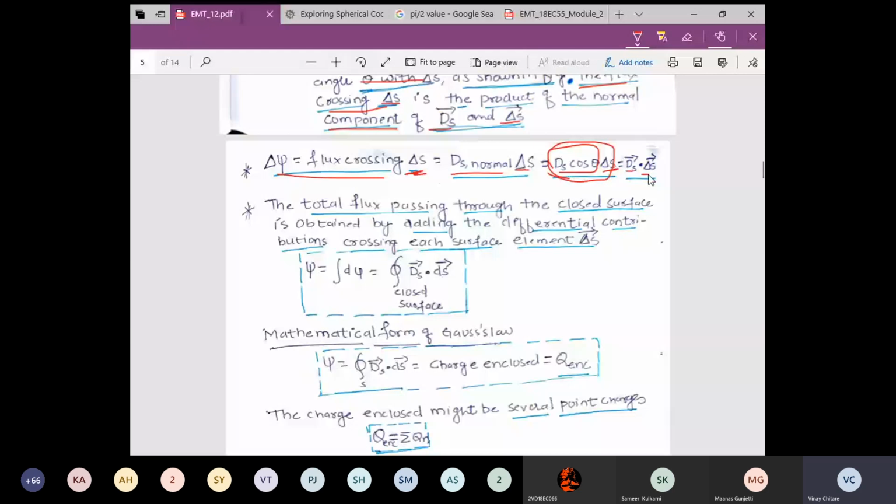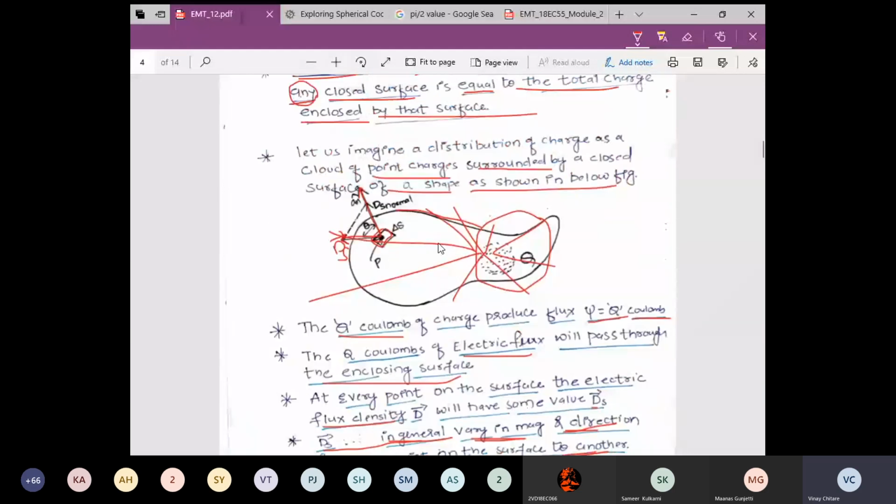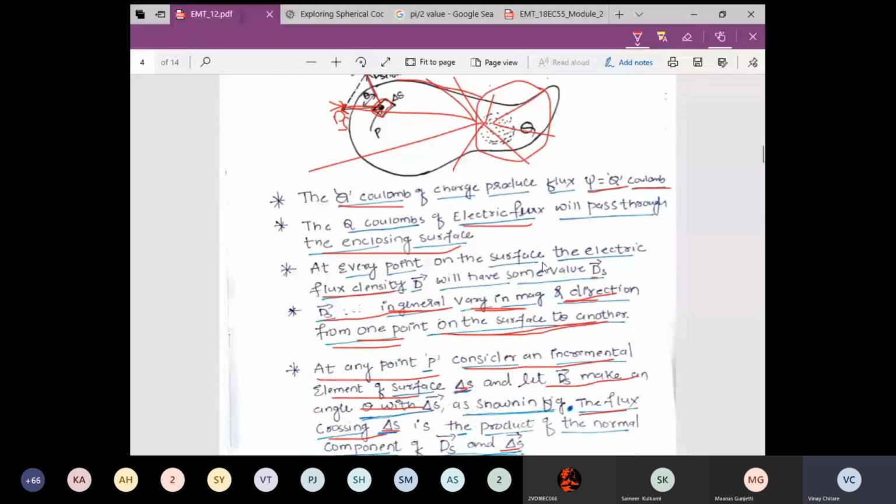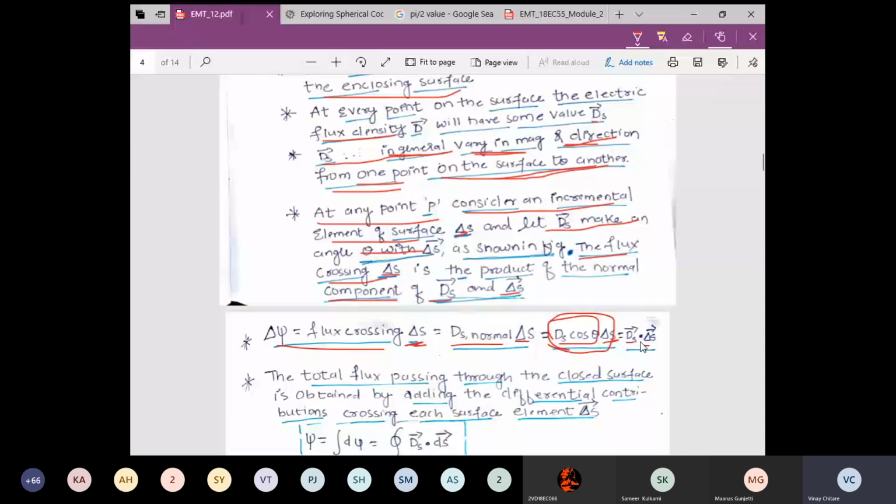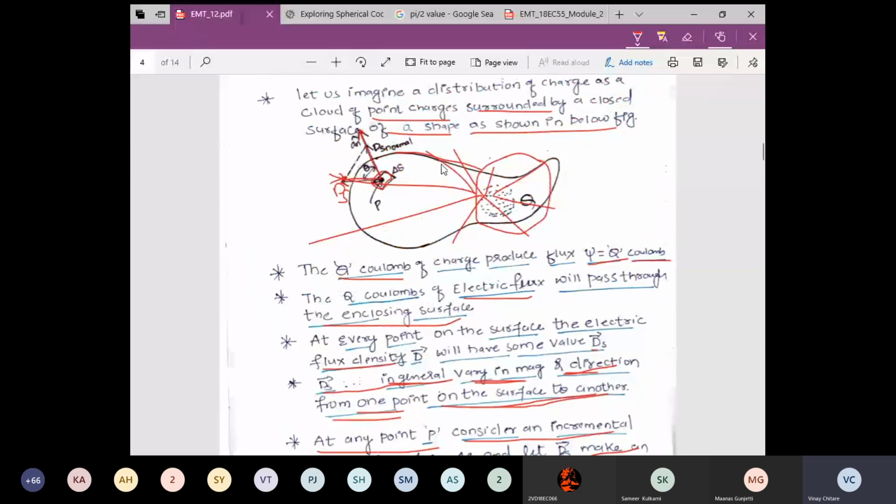So now we know the flux crossing a small incremental area, which is given by the expression D dot delta S. What is D? D is the flux density on the surface.